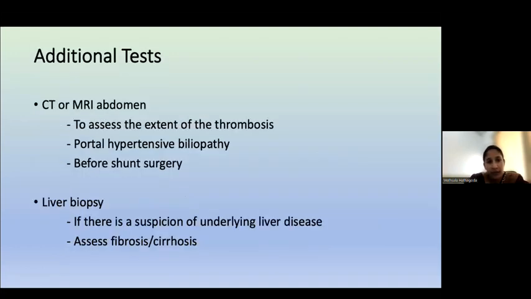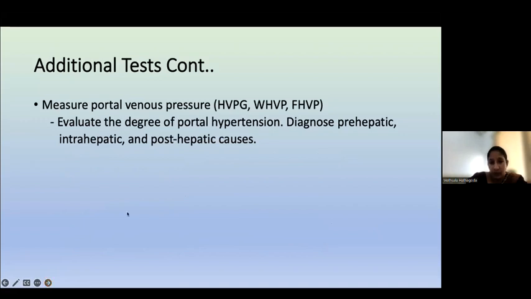Apart from that, we can discuss CT and MRI, if you want to assess the extent of the thrombosis, if you are suspecting portal vein thrombosis, or a complication like portal hypertensive biliopathy, or if you are planning for a surgery. Before that we can do imaging, and of course liver biopsy if you have any suspicion of underlying liver disease, to assess the fibrosis and cirrhotic changes.